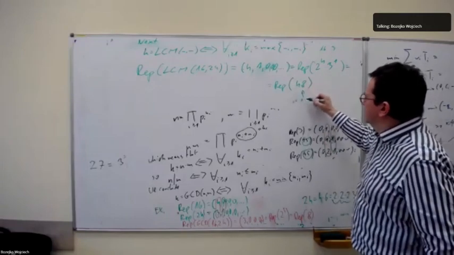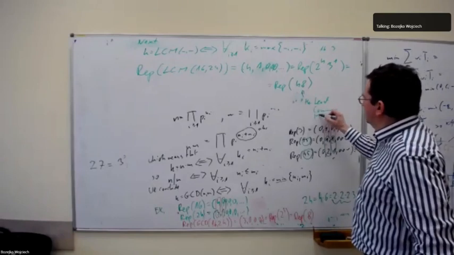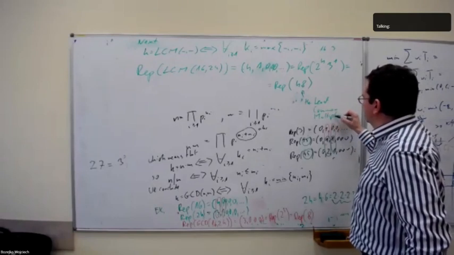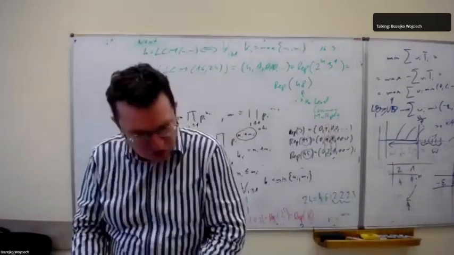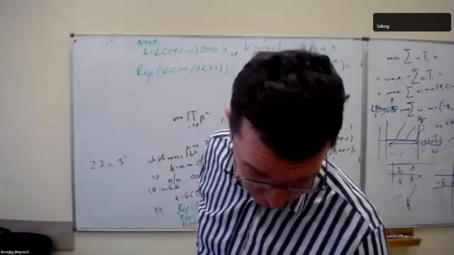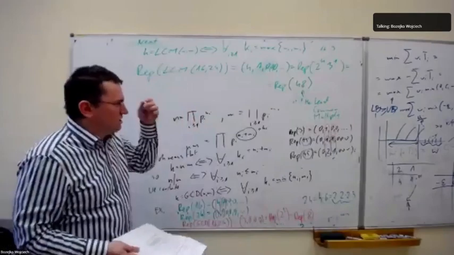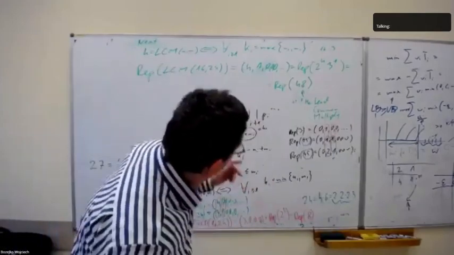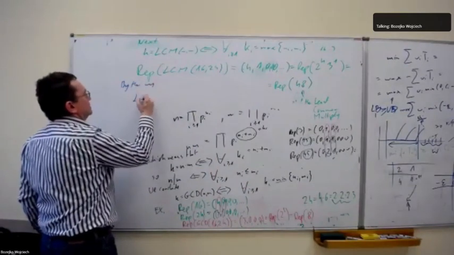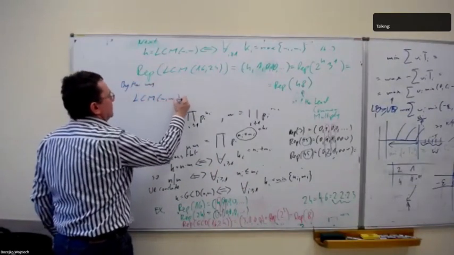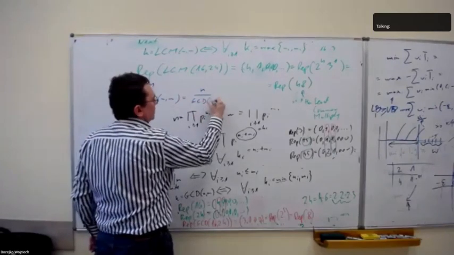The least common multiple of these two numbers. So intuitively and algorithmically, we can compute it quite clearly. Of course, we know that the least common multiple of n and m is n times m divided by the greatest common divisor of n and m.